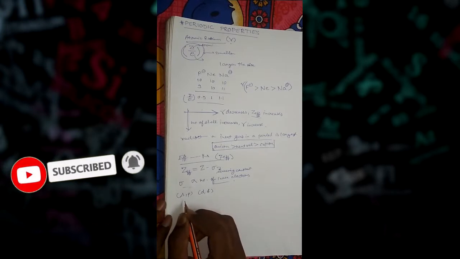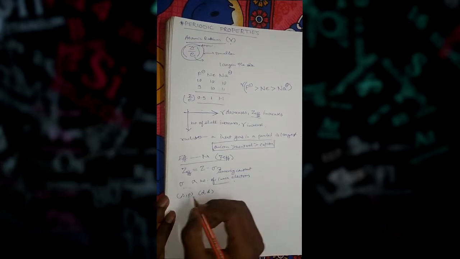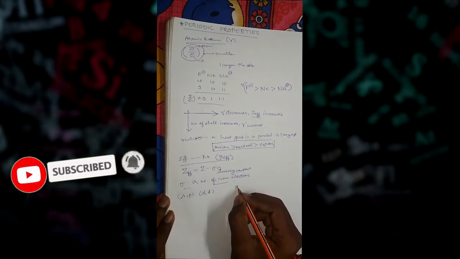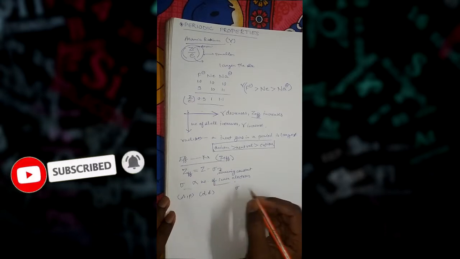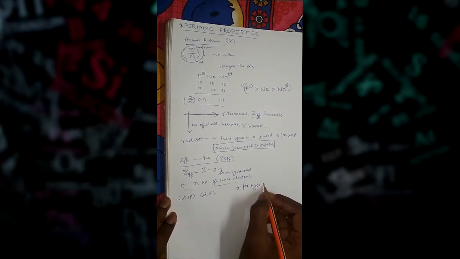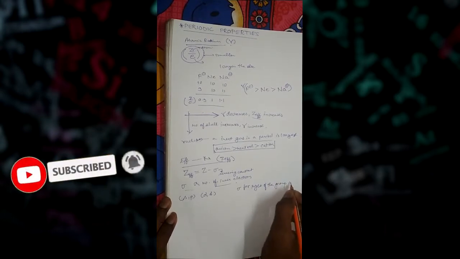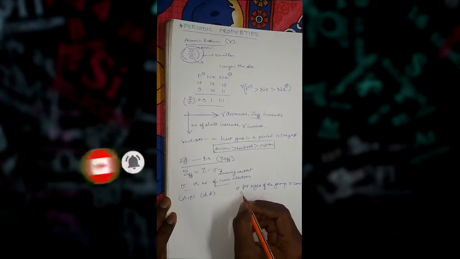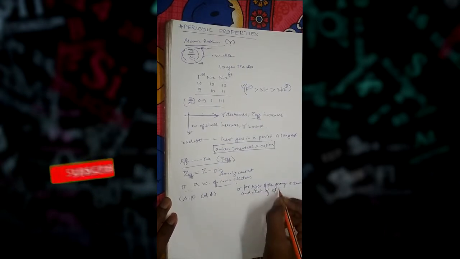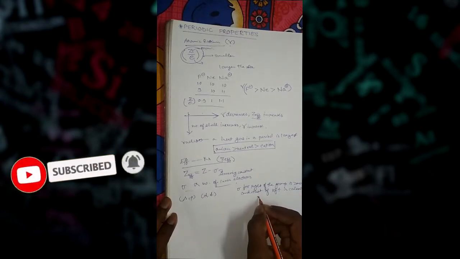Before going further, I want to tell you that the screening constant for the right of the group is 0 and that of the left is calculated likewise.